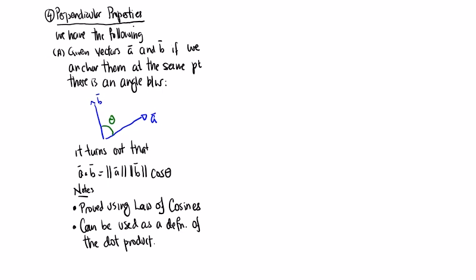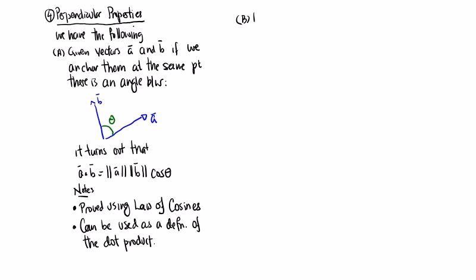Right? So here's the important thing that comes out of this, or a couple of important things, but here's the first big one. Think about what would happen if the vectors were perpendicular. If A and B were perpendicular, the angle would be 90 degrees, pi over 2. The cosine of 90 degrees is 0, and the dot product would be 0.